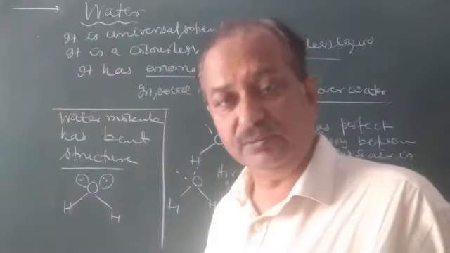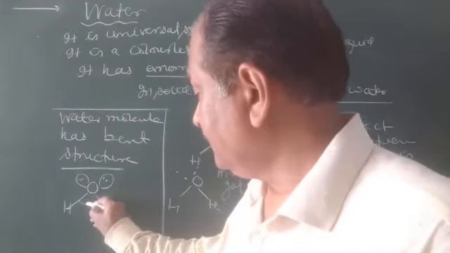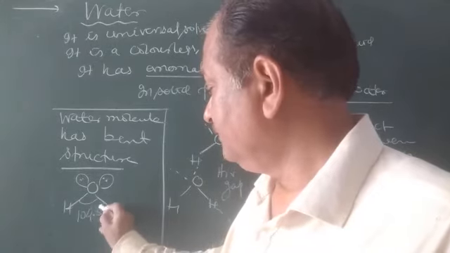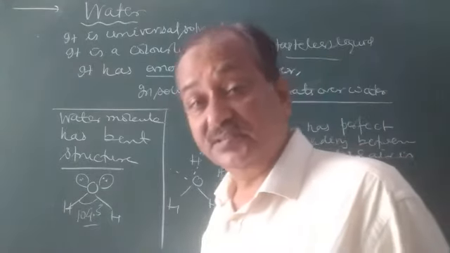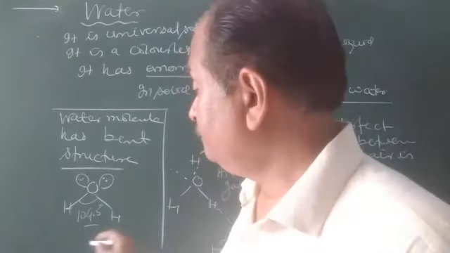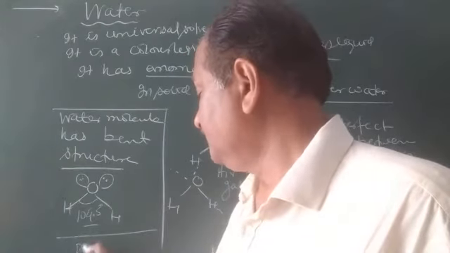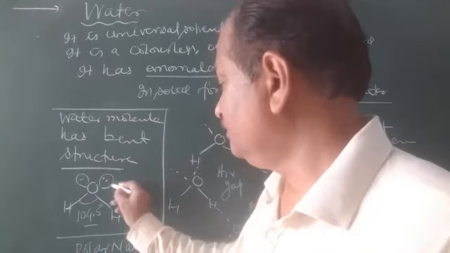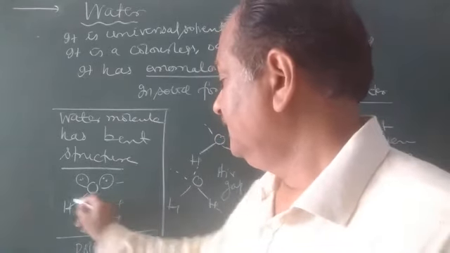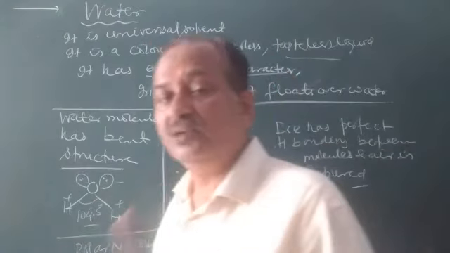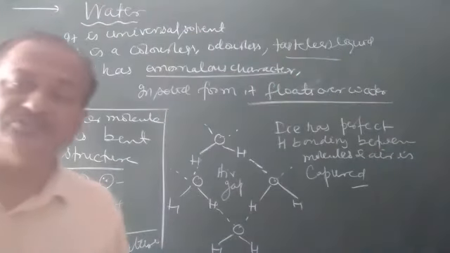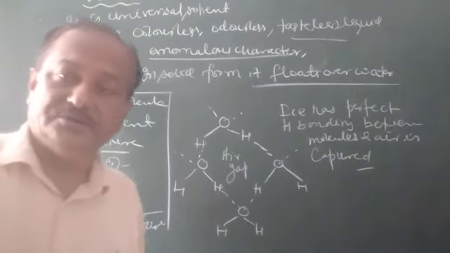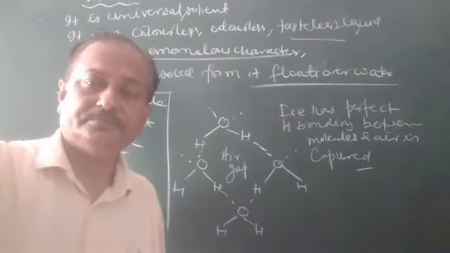This has a bent or angular structure, and the angle here is 104 degrees 5 minutes. It also has a polar nature because oxygen has the negative charge and hydrogen has the positive charge. Two poles are present, so water is polar. This polar nature is very important for water.